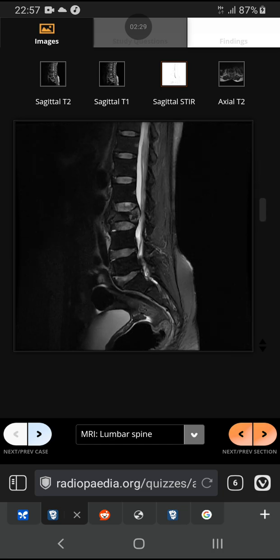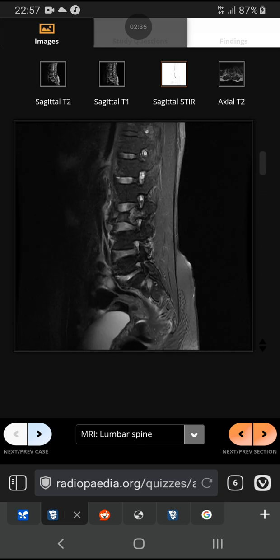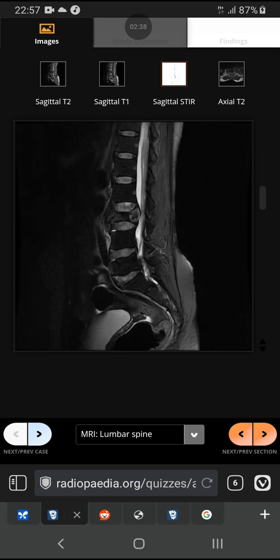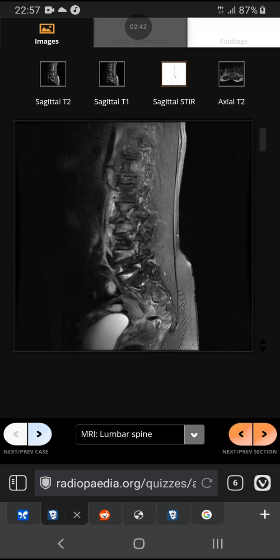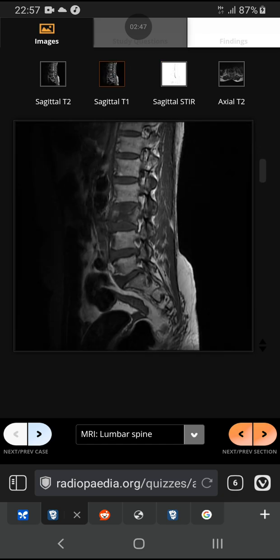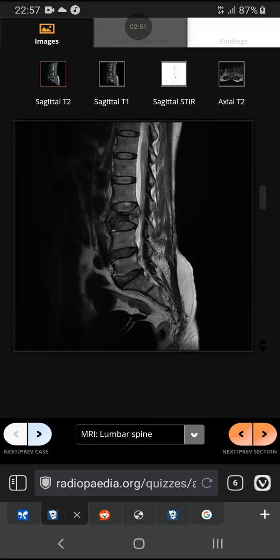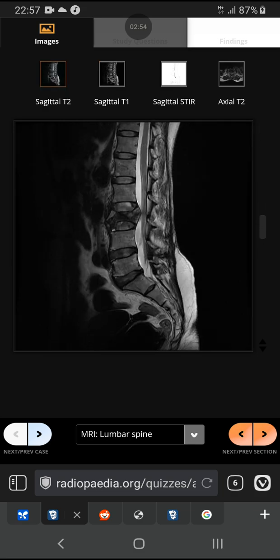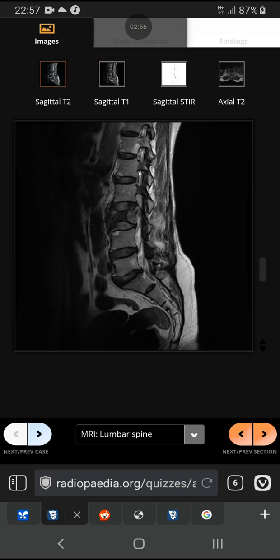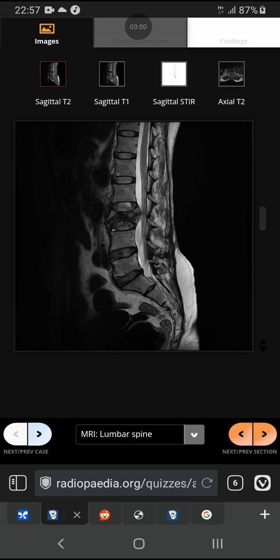if it's a herniated disc, why does it look like it's in the vertebra and not coming from the intervertebral disc? So it must be some kind of a lesion, because if you look carefully you see that this lesion comes from the vertebra itself and not from the disc.